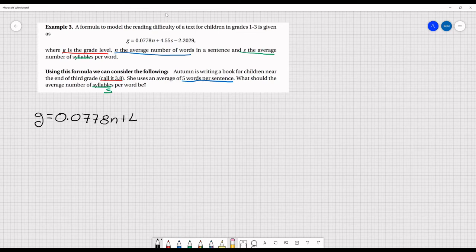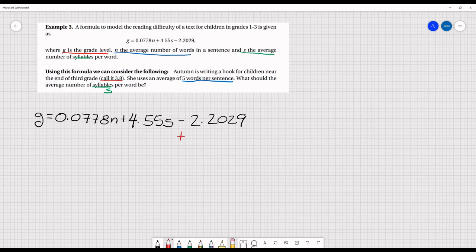So if I start with this, G equals 0.0778N plus 4.55S minus 2.2029. What I want is S equals. I want some sort of S equals. I have addition here. So there's an addition here and a subtraction here. So I can undo those.